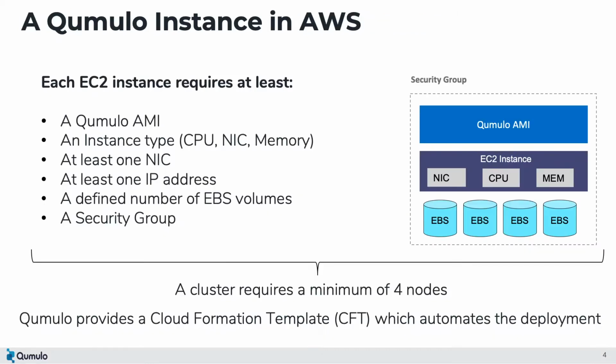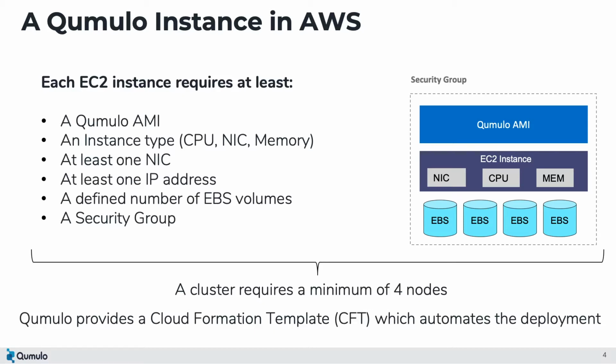How does a Qumulo instance look like in AWS? Well, each server node contains a Qumulo AMI, the Amazon Machine Image. You need to select and set the instance type. You need to have at least one network interface and at least one IP address. We recommend having more, but that's a different story.